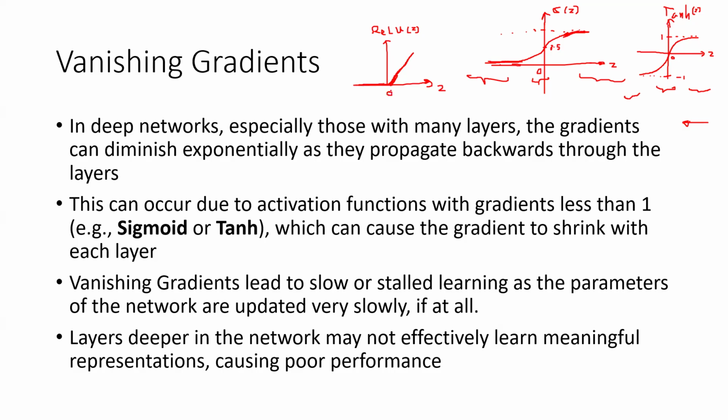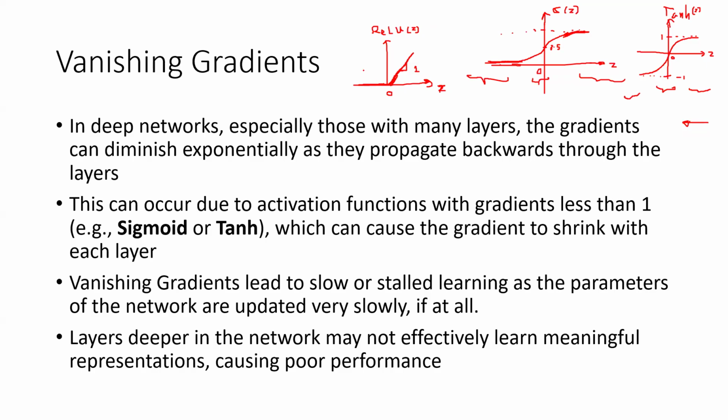In this kind of activation function, whatever the value z has, if it is positive, the gradient would always be 1. So in the ReLU activation function, when z is positive, the gradient is always 1, whatever the value of z.